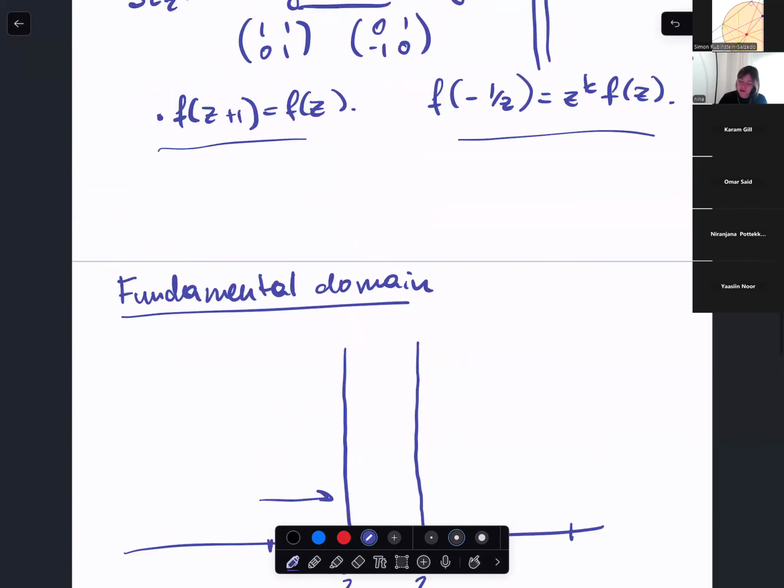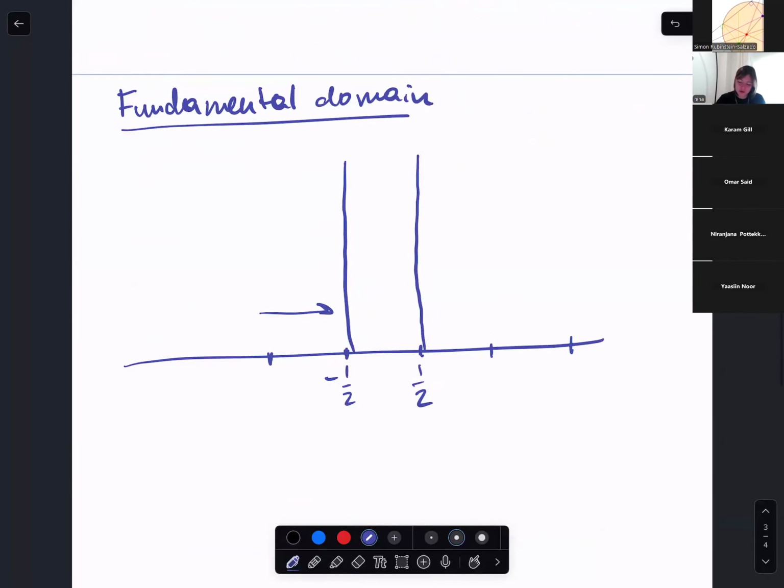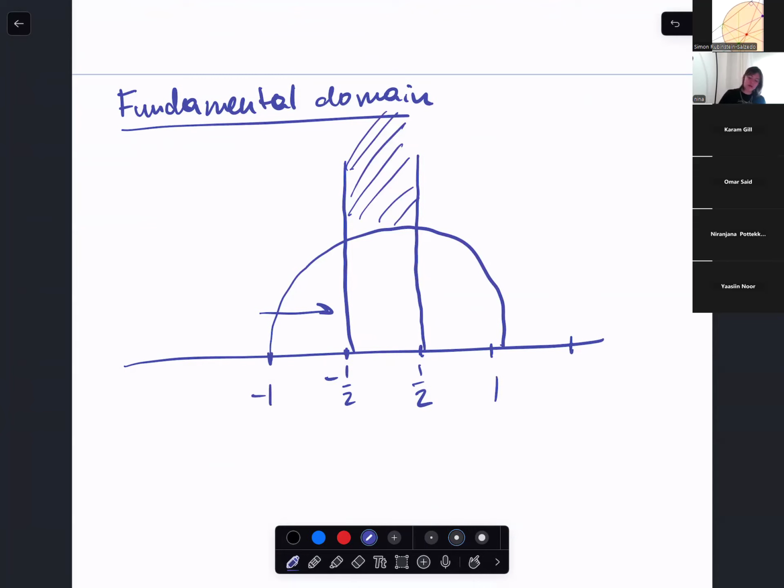It turns out that the second rule, minus 1 over z, imposes a second redundancy, which is that if we take a circle of radius 1, basically what's going on above the circle determines everything that's going on inside of the circle.